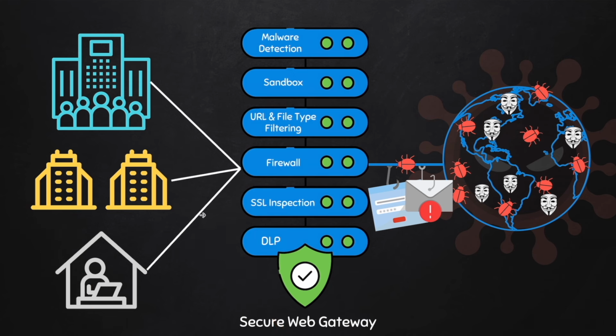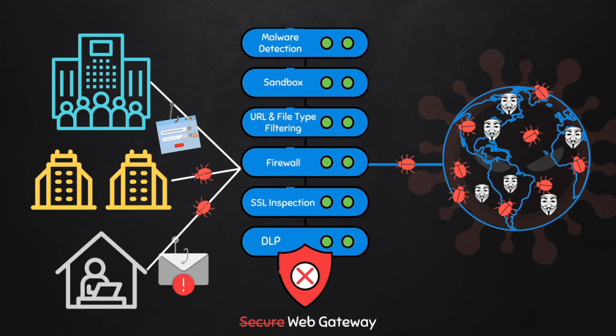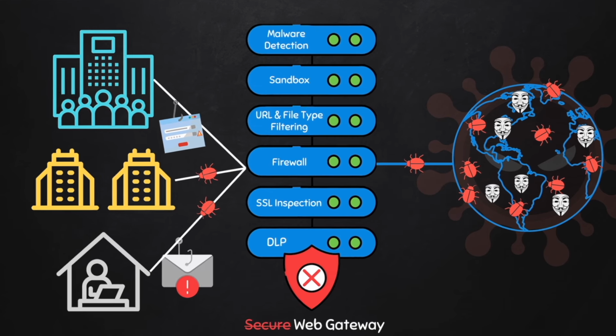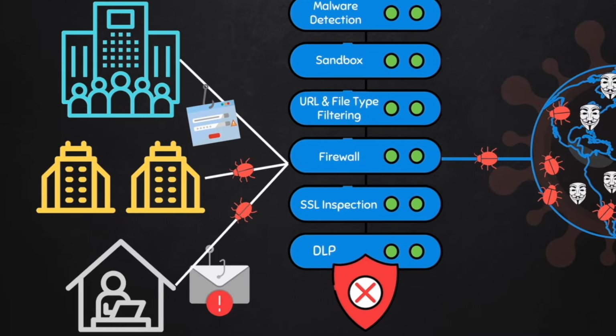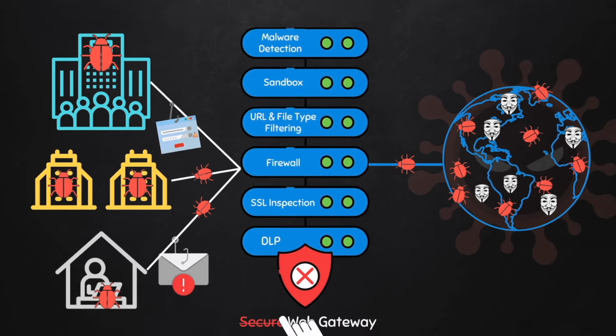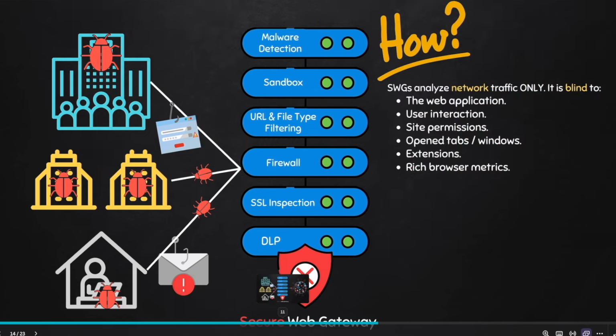The only problem is secure web gateways are actually not that secure, as I'm going to show you. And as you can see, malware, phishing pages, phishing mail, viruses are making their ways to organizations, and as a result, organizations that are using the best secure web gateways out there, made by the best companies out there, are still getting hacked. But how is that happening?